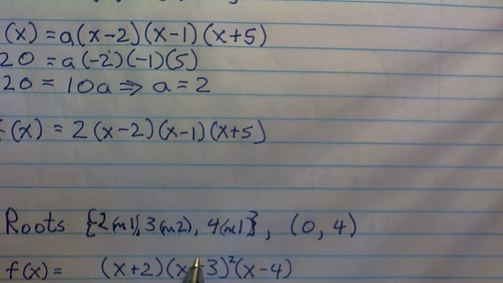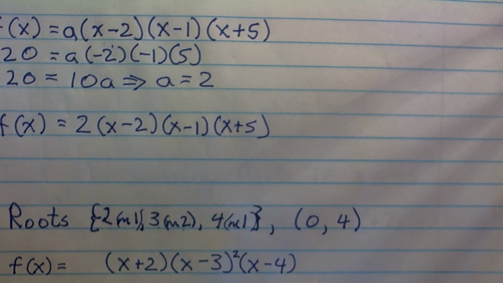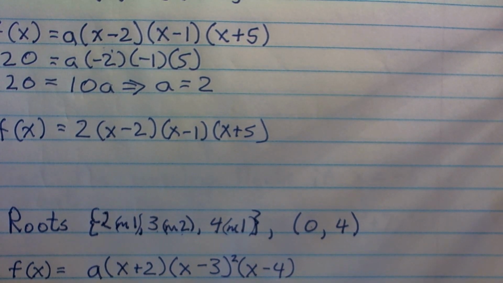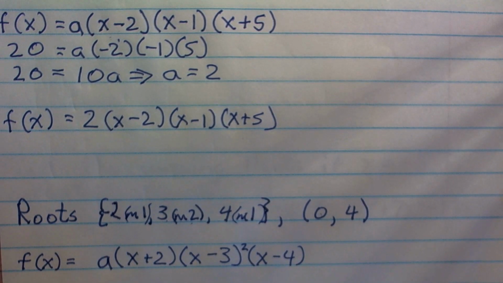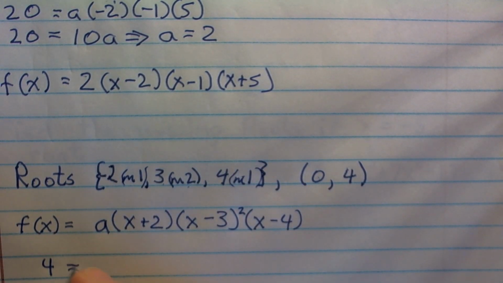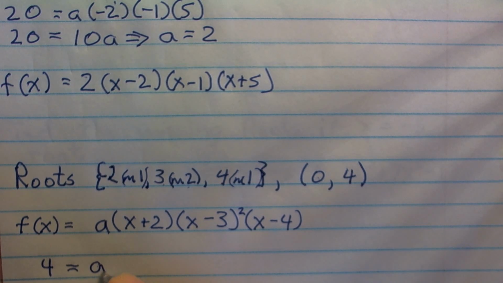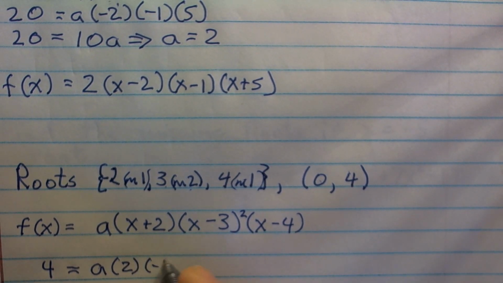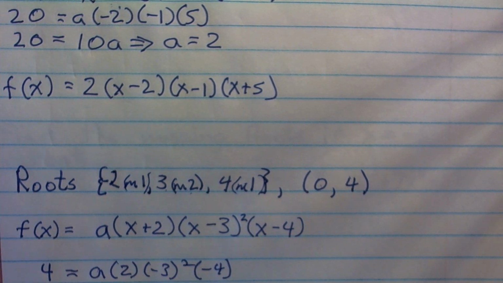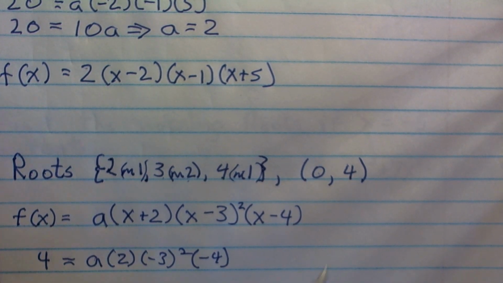So the only multiplicity bigger than 1 was this 3. Now I want it to pass through 0, 4, so I'm going to put an a in front. And now I can solve. I can put a 4 over here and a 0 in for x. And then it's just a matter of carefully doing this multiplication.